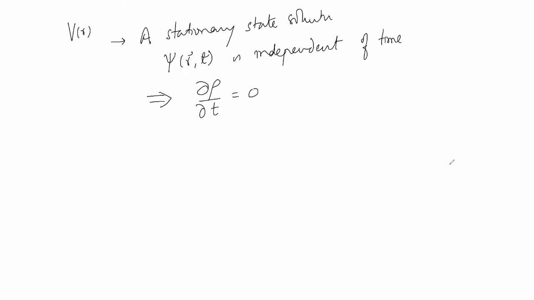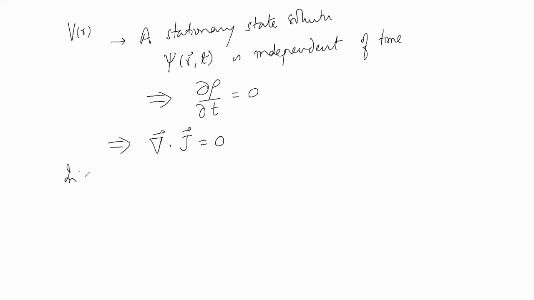And if delta rho by delta T is 0, this would imply that divergence of J will be equal to 0. Okay? Because divergence of J plus delta rho by delta T is equal to 0.